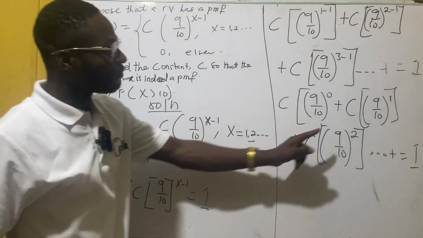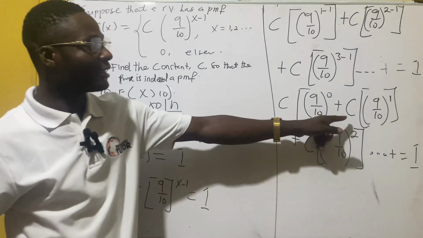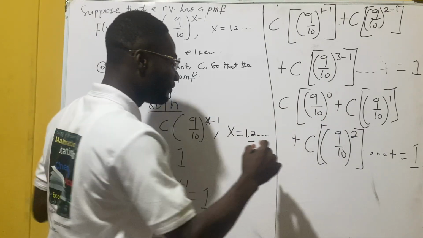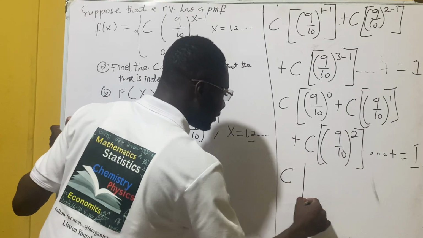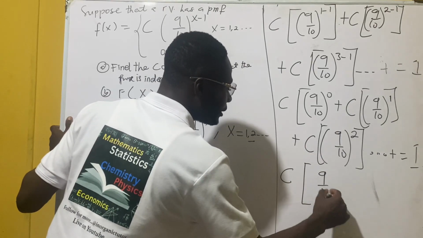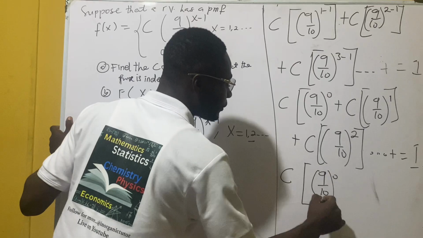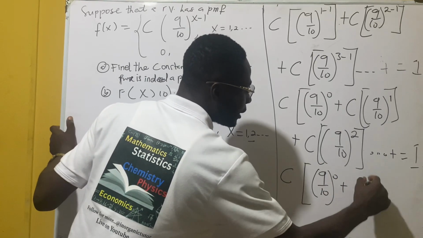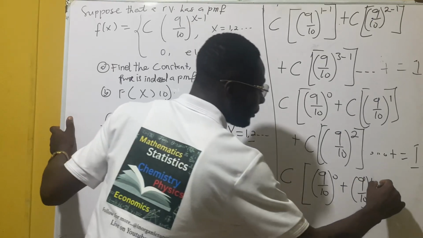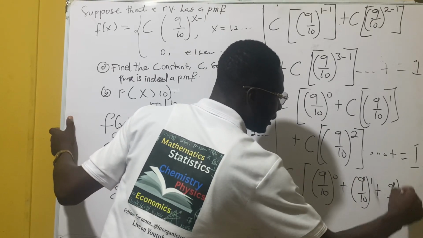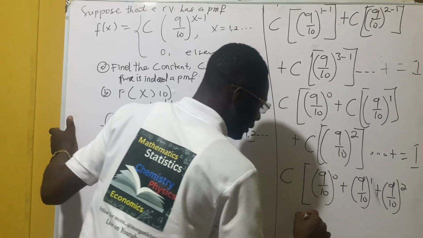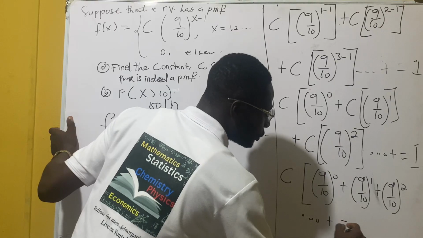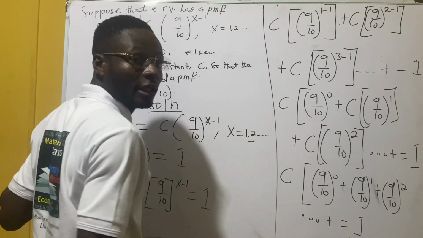The constant c is running through, so we can factor it out. When we factor c out, we have 9 on 10 exponent 0, plus 9 on 10 exponent 1, plus 9 on 10 exponent 2, dot dot dot, and that should be equal to 1.